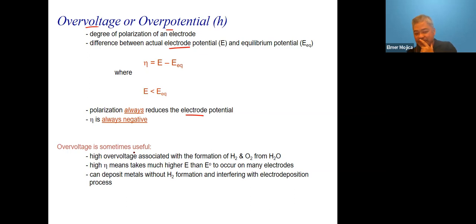And this is sometimes useful in overvoltage because high overvoltage is associated with the formation of H2 and O2 from water, and high overvoltage, okay, means it takes much higher energy than the cell potential to occur on many electrodes, and it can deposit metals without hydrogen formation interfering with the electrodeposition process.